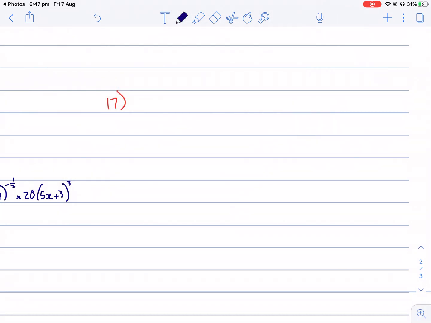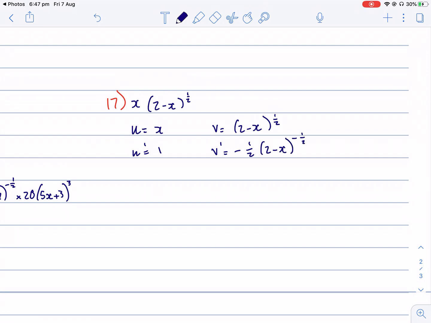Okay, 17. So we've got x times root 2 take x, now root 2 take x is (2 take x) to the half. So u dash, v dash, x, 1. (2 take x) to the half becomes negative a half, because there's a half at the front, and then negative because the derivative of the inside is the negative, (2 take x) to the negative a half.